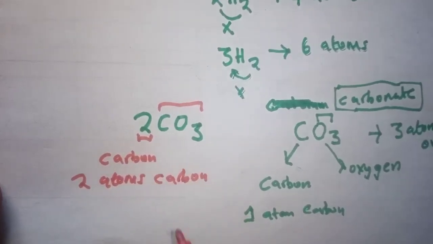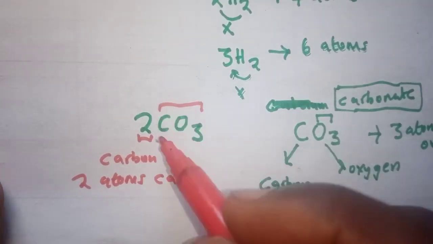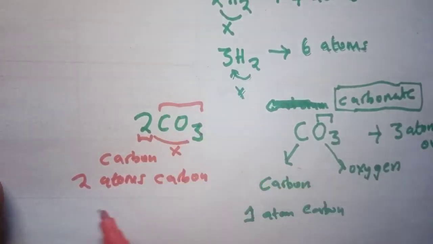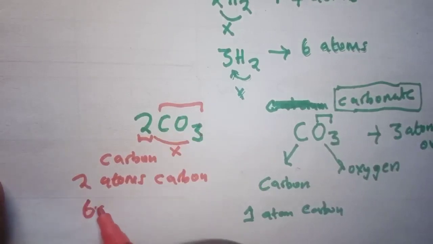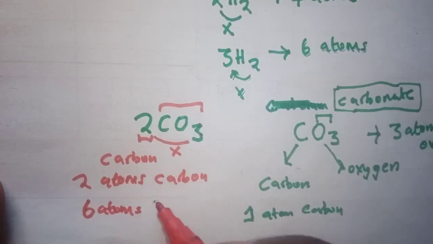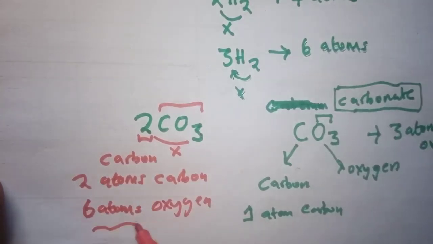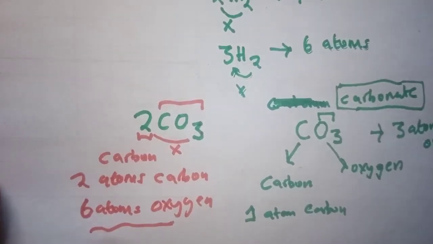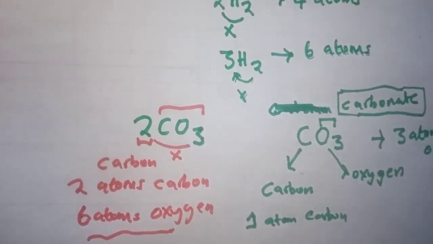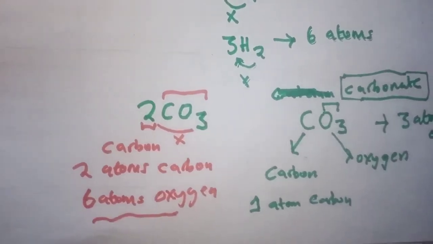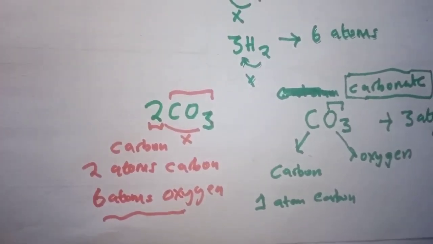But for oxygen, since oxygen has a 3 here, these will multiply: 2 times 3, that is 6. So there are 6 atoms of oxygen. With this, I'll take it that you have an understanding at least of how to count atoms.